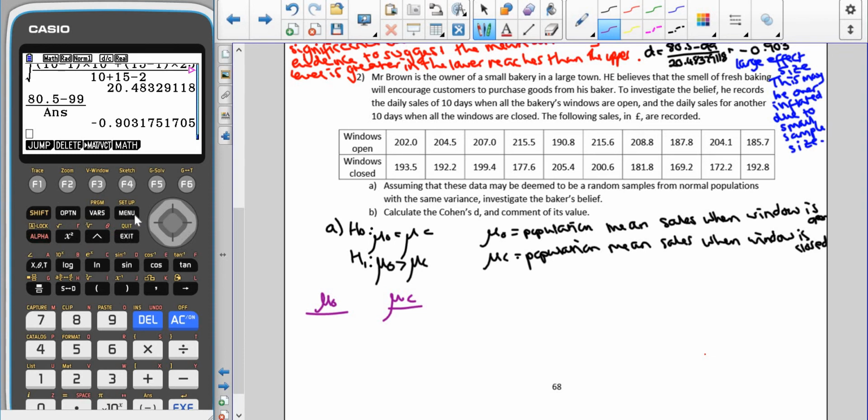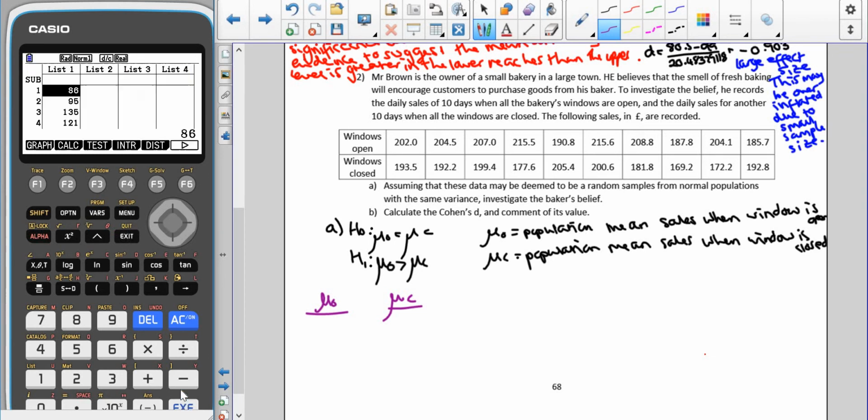So in our calculator, in the stat part, we're going to delete anything that we already have in there. Type in our values first of all for open.